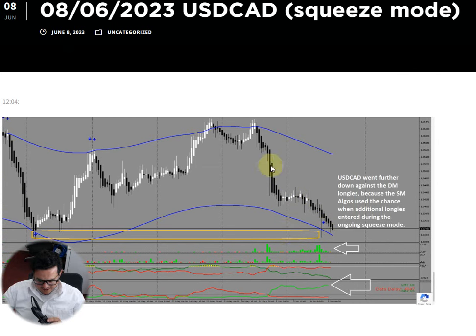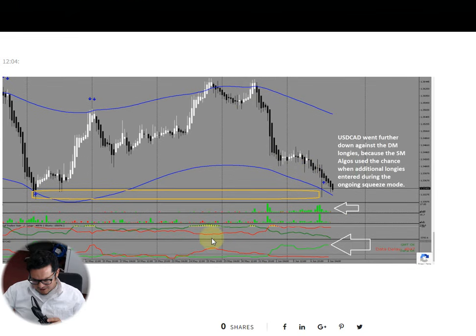Take note of that. The dumb money buyers think, oh, it's going to go up again within this pattern. No. The algos push the price all the way down, even below the lower triangle pattern line, even turn into a squeeze because longies insist on buying and averaging down and buying cheaply into the market.